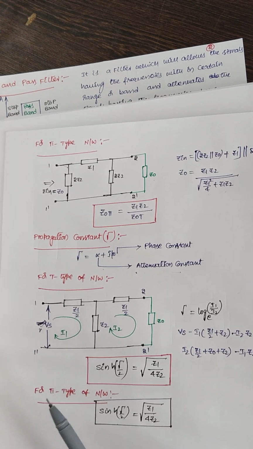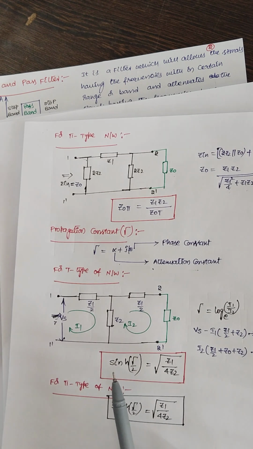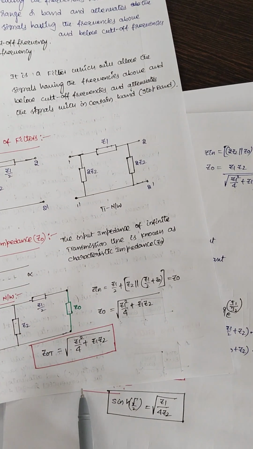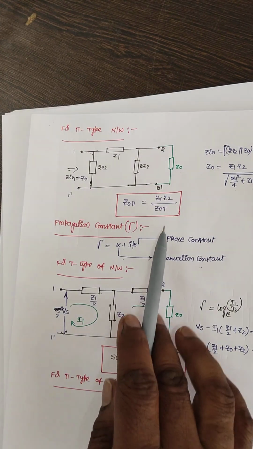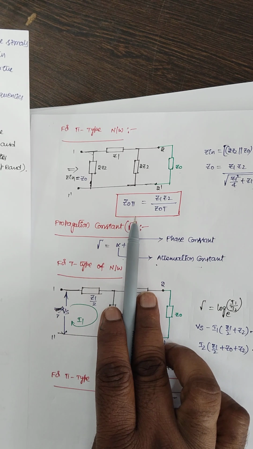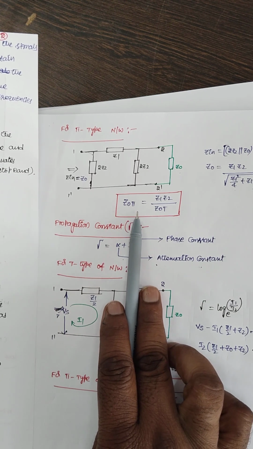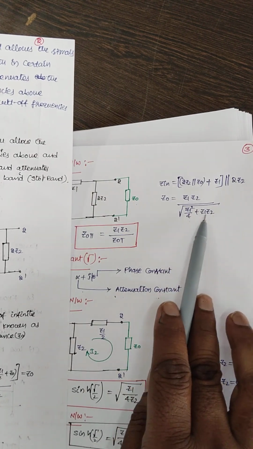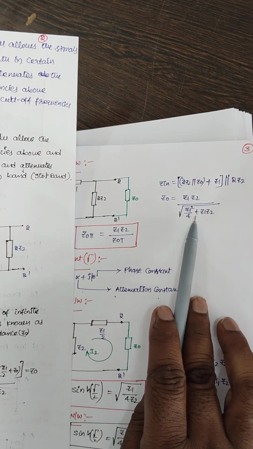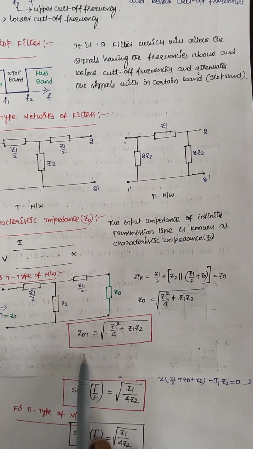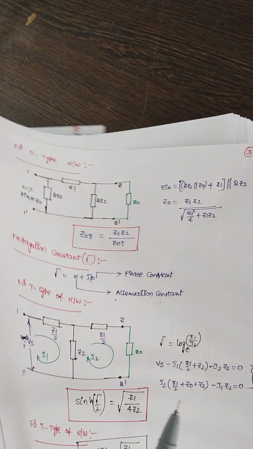But the characteristic impedance differs. For the T type it is Z0T. For the pi type, Z0pi is equal to Z1Z2 by Z0T, or Z1Z2 by square root of Z1 square by 4 plus Z1Z2. But for T it is square root of Z1 square by 4 plus Z1Z2.